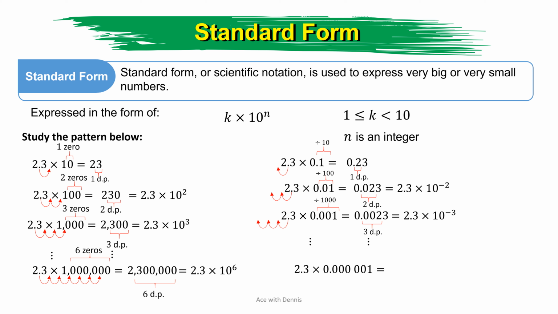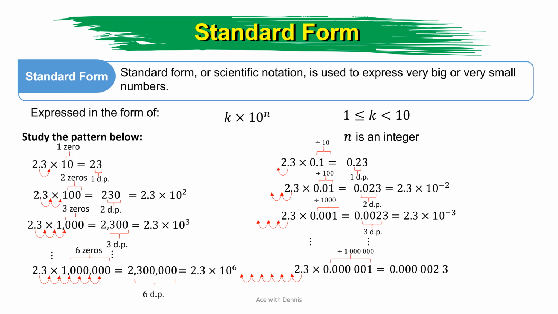We can repeat the same process for an even smaller number like 2.3 times 0.000001. When we multiply by 0.000001, we divide the number by 1 million. So in 1 million, there are 6 zeros, which means we need to move the decimal point at 2.3 to the left for 6 decimal places.